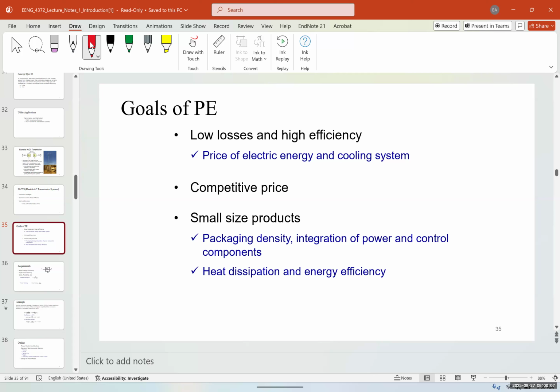Competitive price, small size. They have become very cheap lately. Packaging density, integration of power and control components, and heat dissipation and energy efficiency. Obviously, you don't want to carry a large, bulky phone charger with you. We want to make it smaller and more efficient.